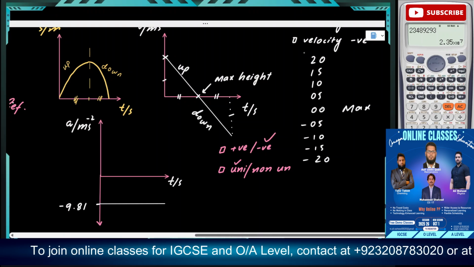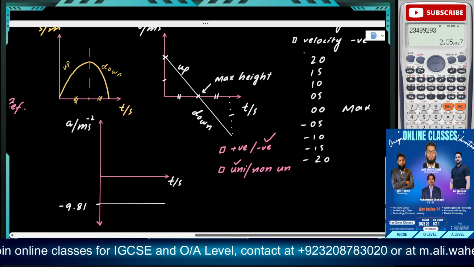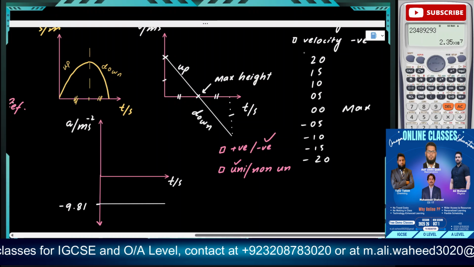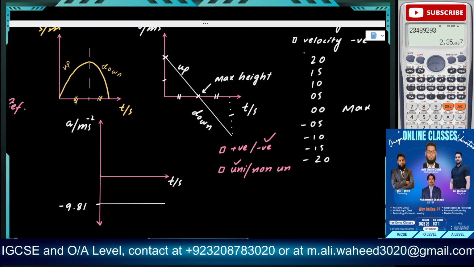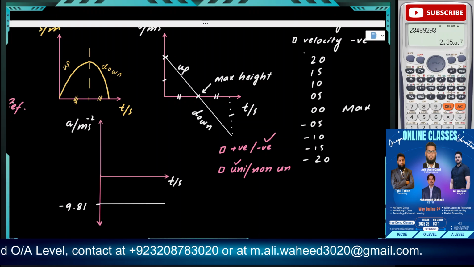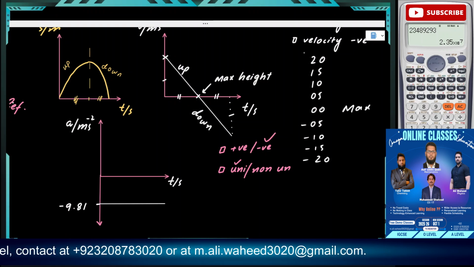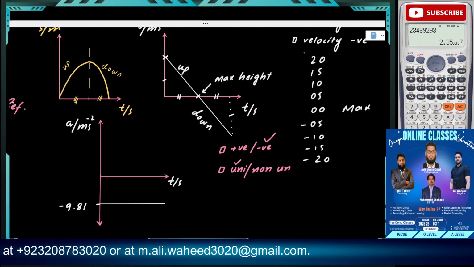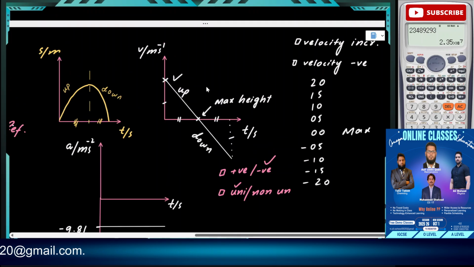When the object is thrown up, you consider the velocity as positive. When it falls down, you consider it as negative. But you see, the shape of the graph is this one, which is the line falling down. The gradient has to be negative, hence the acceleration has to be negative.